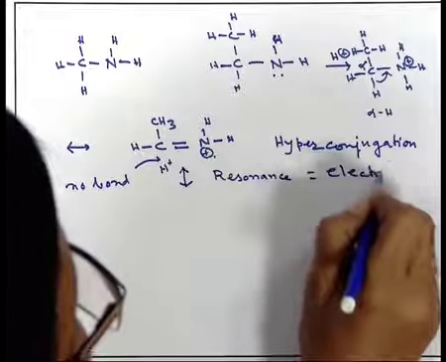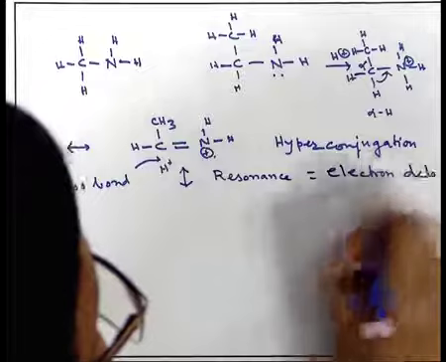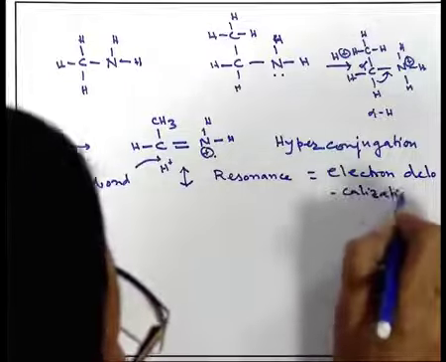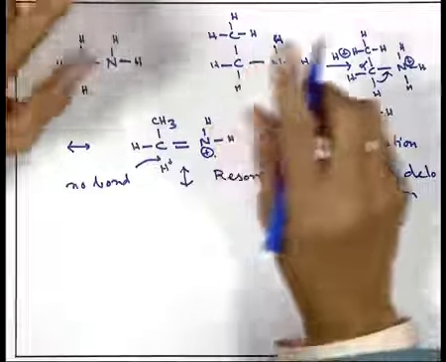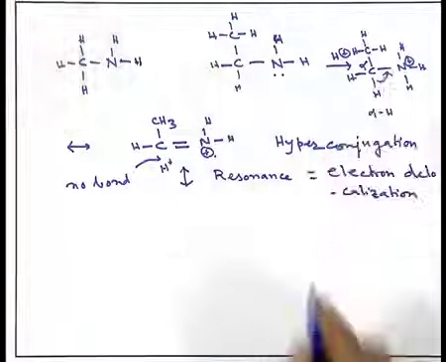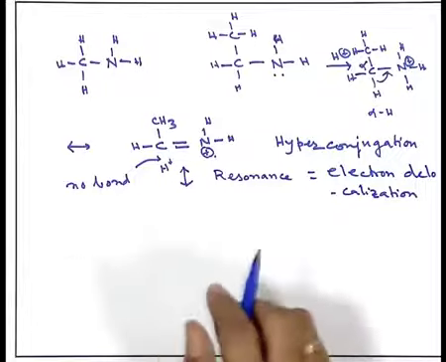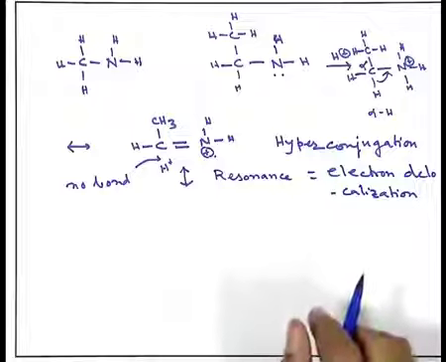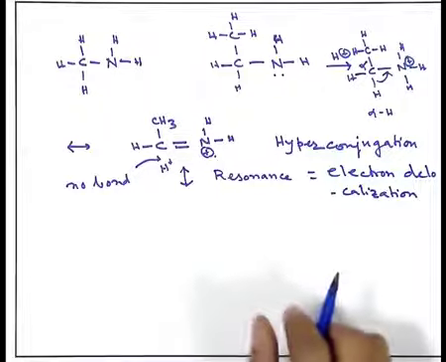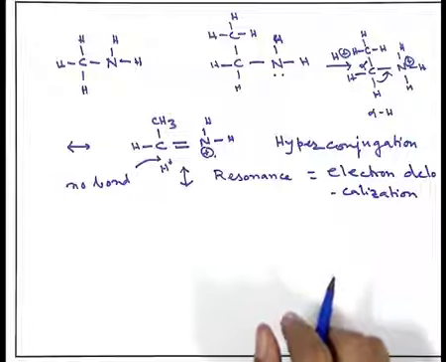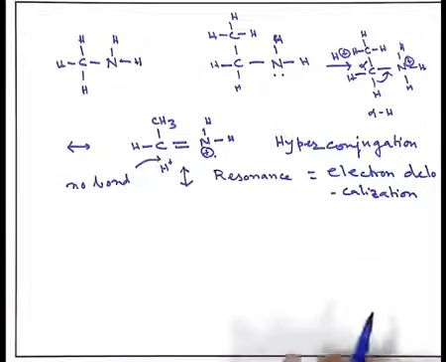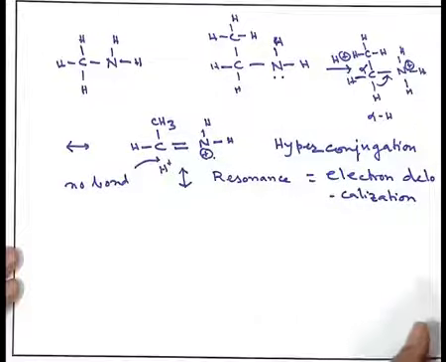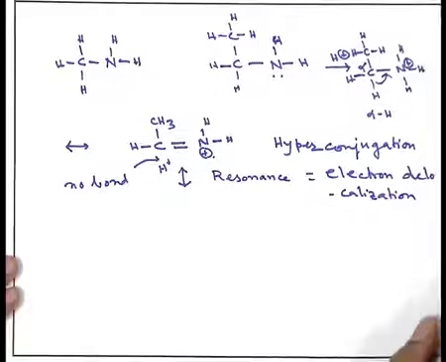Electron delocalization is also called resonance, and when one of these structures shows no bond, an apparent bond, we call it no bond resonance, and that also helps to increase the basicity of the amines. So, this is a very interesting phenomenon which is found in carbon nitrogen compounds with substituents.